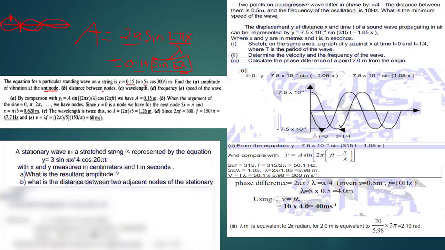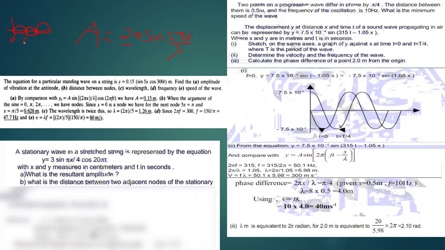Now, the distance between the nodes, meaning from one node to the next node, is what they want here. We know, as I illustrated earlier, that we have our stationary wave equation. The nodes are at this point, at this point, at this point, etc. This is at point 0, the origin.